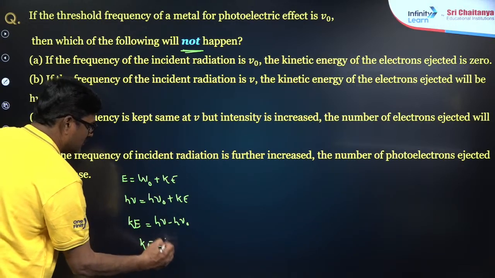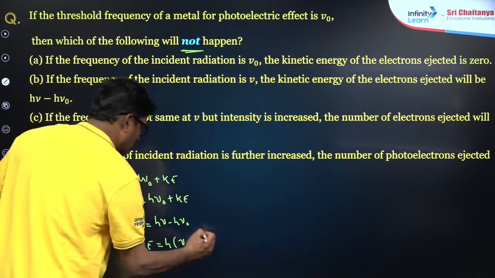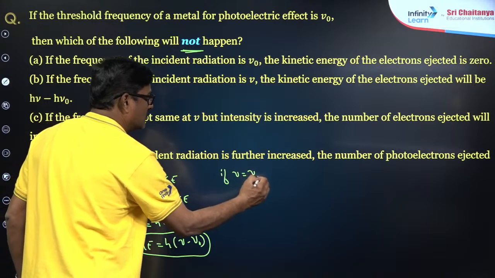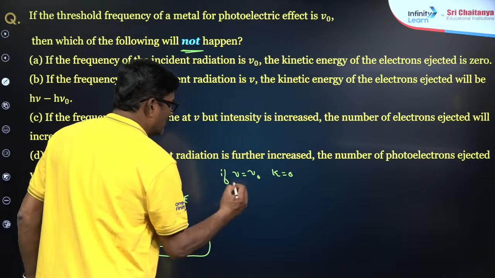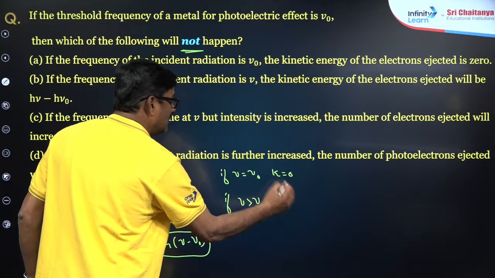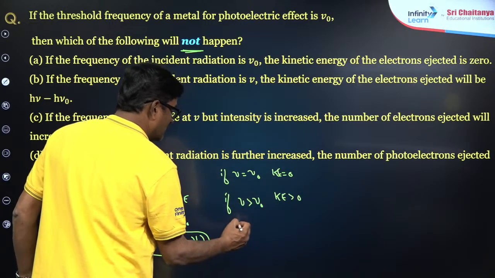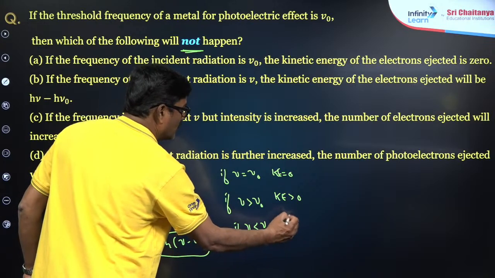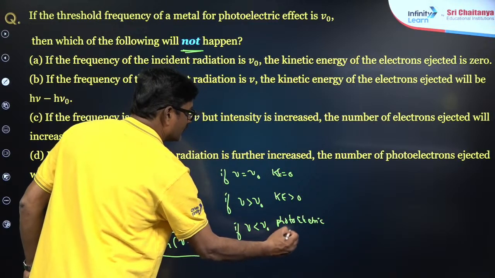Ke is equal to h of nu minus nu naught. So this is very important. If nu is equal to nu naught, Ke is equal to 0. If nu is greater than nu naught, Ke is greater than 0. If nu is less than nu naught, the photoelectric effect does not take place.